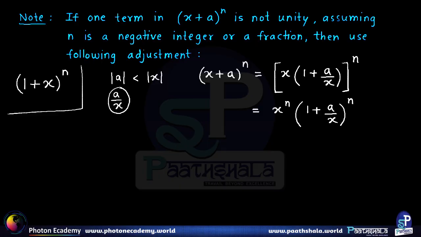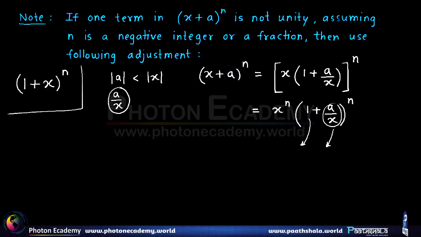And now since we have this term numerically less than 1 and we also have 1 as one of the terms, now we can use the expansion that we have already seen to evaluate this particular expression.